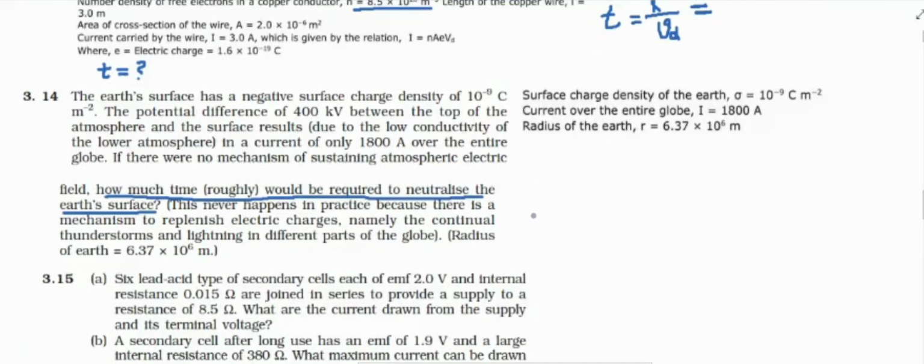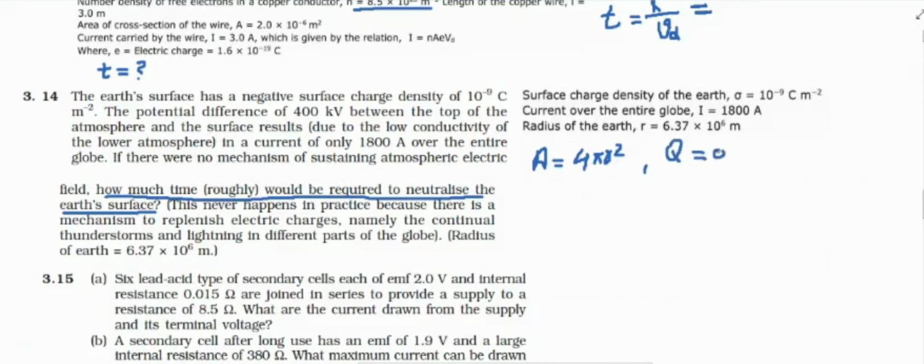So there, first you can calculate area of the earth surface. A is equal to 4 pi r square. Then once you get the area, you can calculate the charge reaching over there.